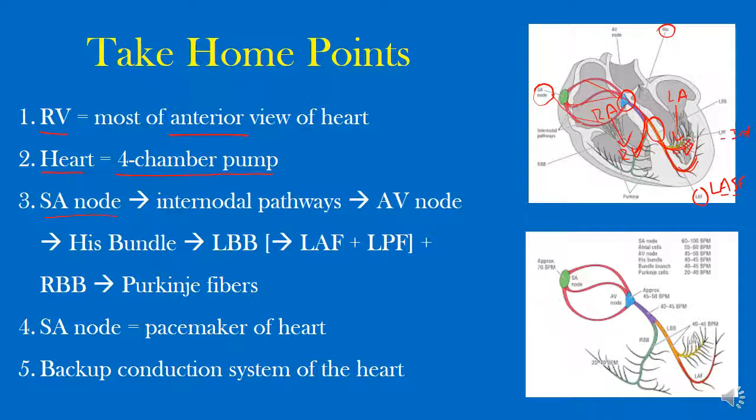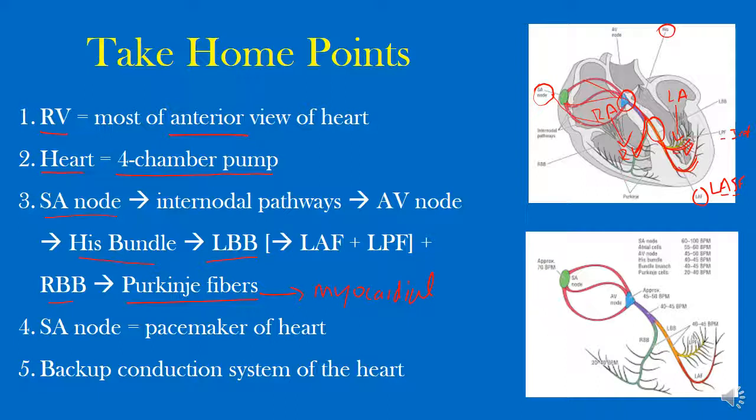And as we go through from the His bundle to the left bundle branch, that gives rise to both the left anterior and left posterior fascicles, and then the right bundle branch, this ends with the Purkinje fibers. And from the Purkinje fibers, these directly innervate the myocardial cells. And from this, they spread by direct contact with each other.